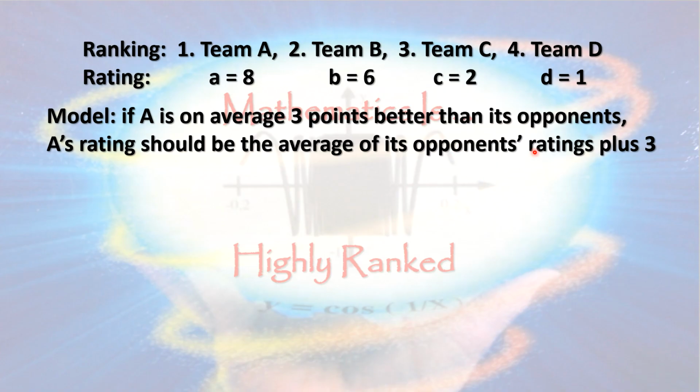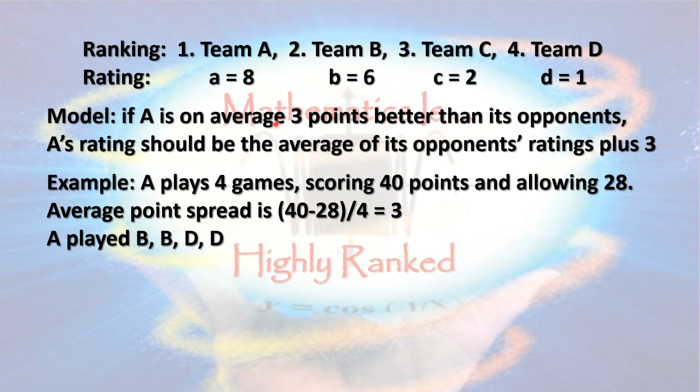For example, if A plays 4 games, scores 40 points while giving up 28, A has outscored its opponents by 12 in 4 games, an average of 3 points per game. To turn this into an equation, we need to know which teams A played. Let's say it played B twice and D twice.